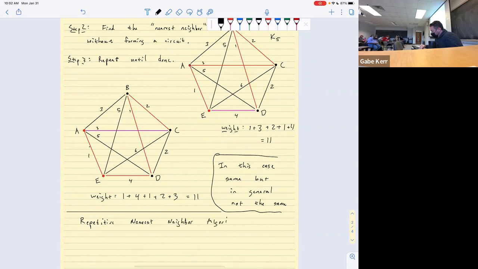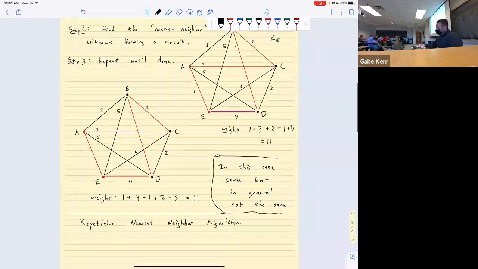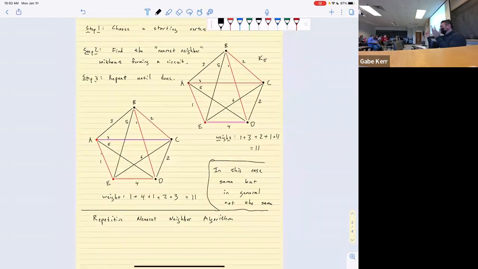And this just means, you take this nearest neighbor algorithm and you do it for each starting point, and you compare your lengths that you get, and you choose the one that's the smallest.